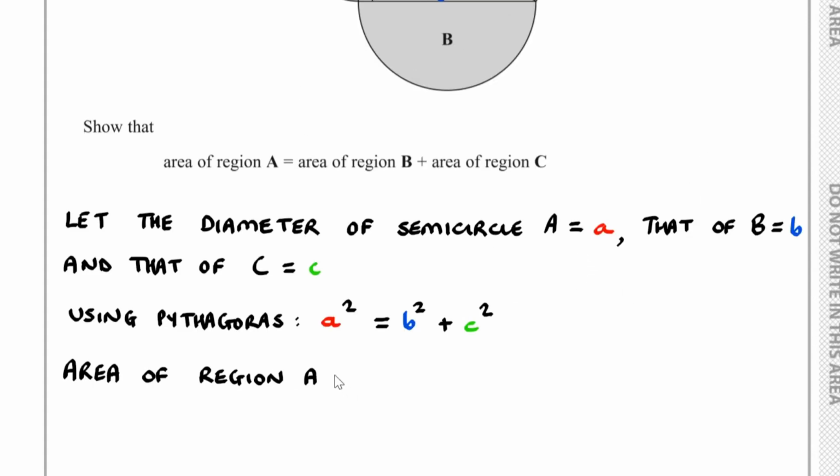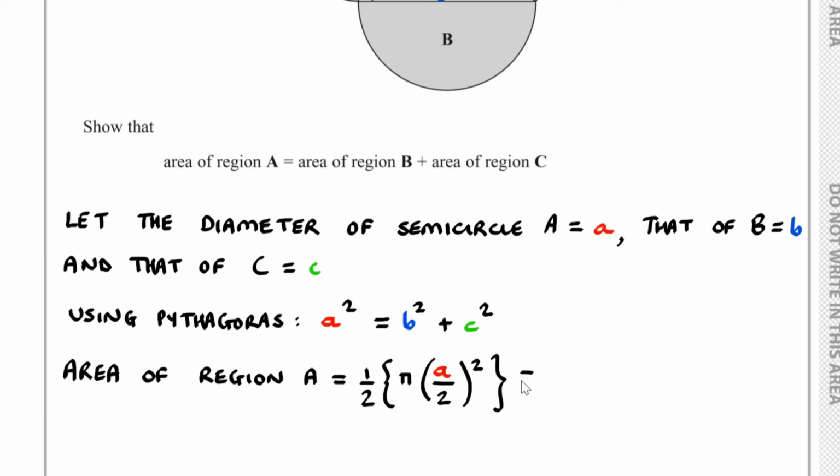So if we work out the region A, we've got a semicircle, so I've got 1/2 multiplied by pi times the radius squared. So here my radius will be a over 2, squared.